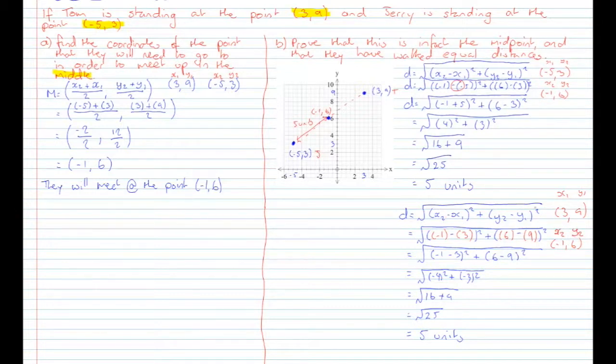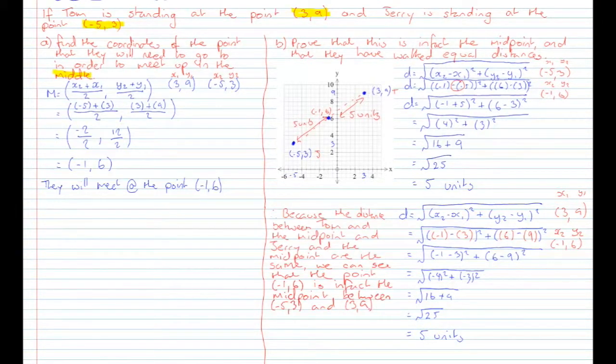Substituting in, x2 being negative 1 minus x1 being 3, squared, plus y2 being 6 minus y1 being 9, squared. Expanding the brackets, you get negative 1 minus 3, and 6 minus 9. Negative 1 minus 3 is negative 4, and 6 minus 9 is negative 3. Negative 4 squared becomes 16, negative 3 squared becomes 9, and 16 plus 9 is 25, which is 5 units.